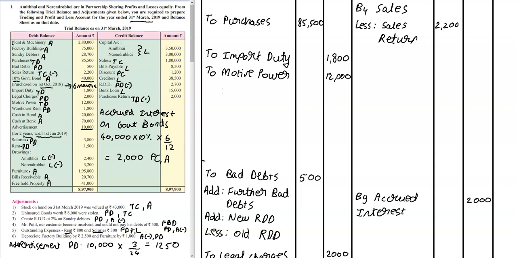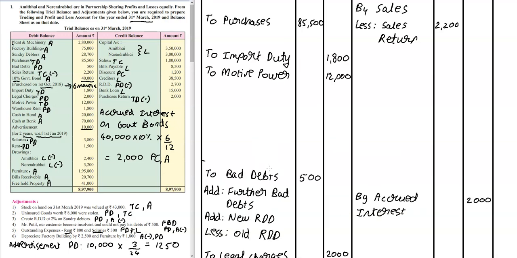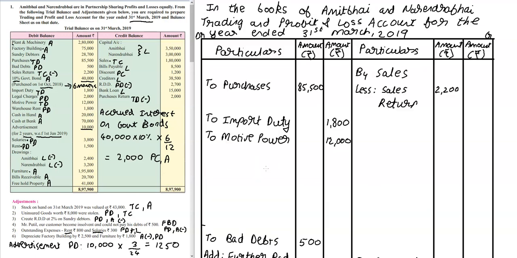Next we have warehouse rent. To warehouse rent, and warehouse rent amounts to 1,800. And if you notice, we're actually running out of space on the P&L account, so we're going to end up borrowing space from the trading account.